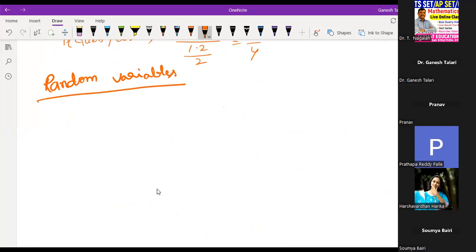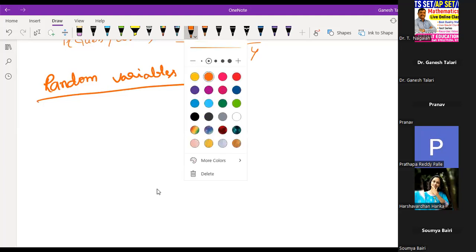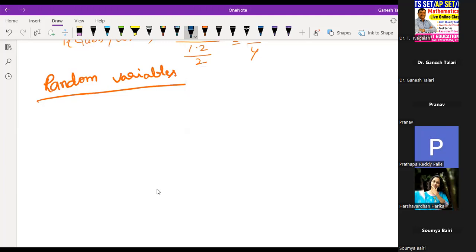Random variables. Earlier we discussed simple probabilities only. Now we are going to discuss random variables. Simply put, a random variable is a function of outcomes, a mapping.